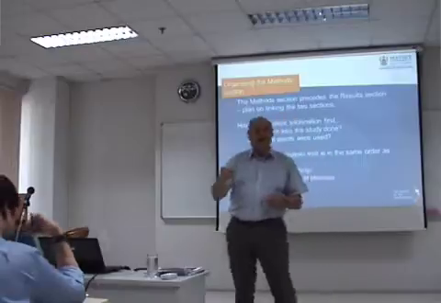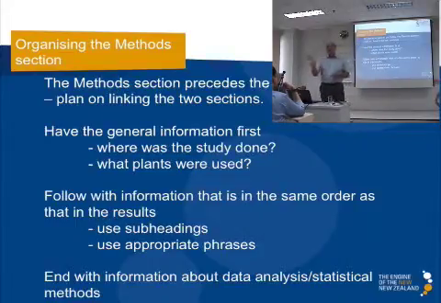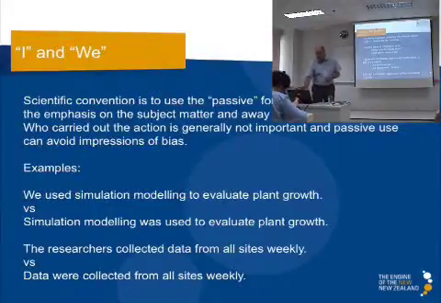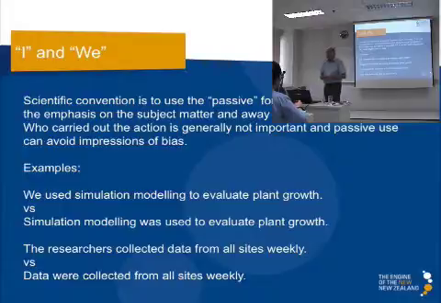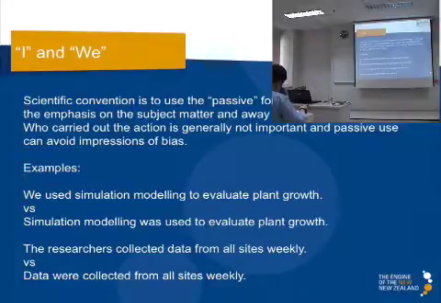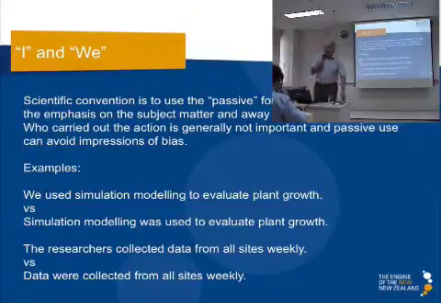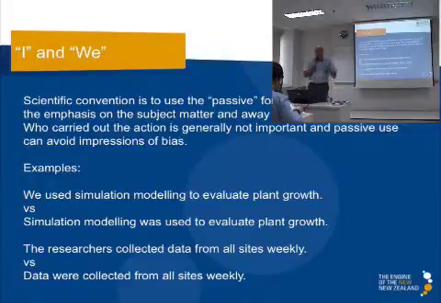These are real papers that you're reading, so there's nothing right or wrong about this. But very typically, scientific style uses the second example, which is what we call a passive example. And it does that because when you have we or I, there is what we call implied bias.